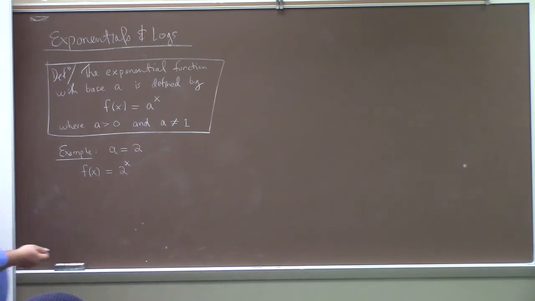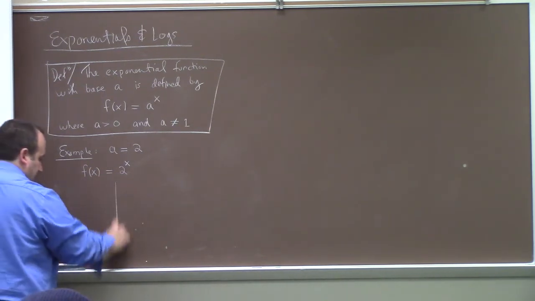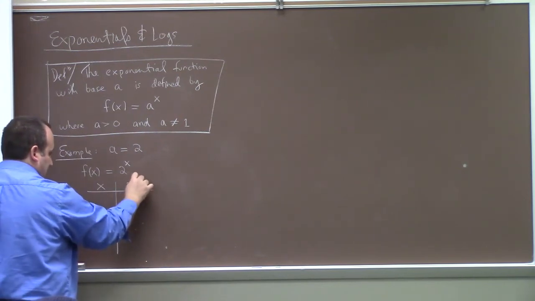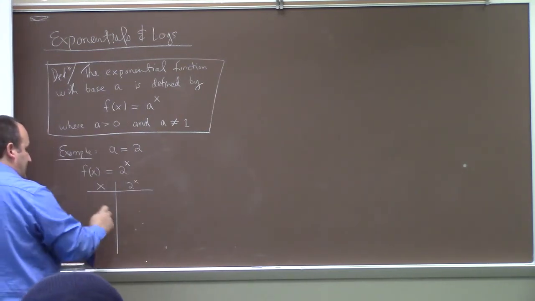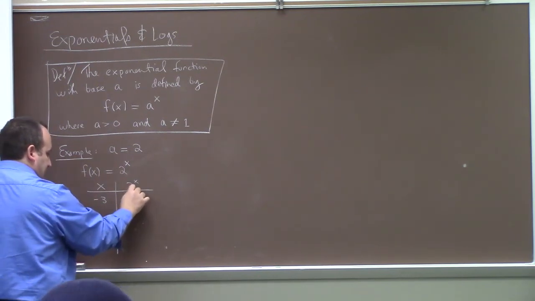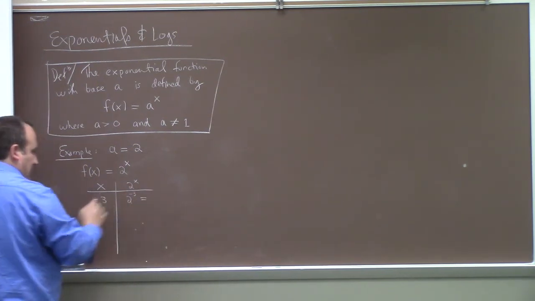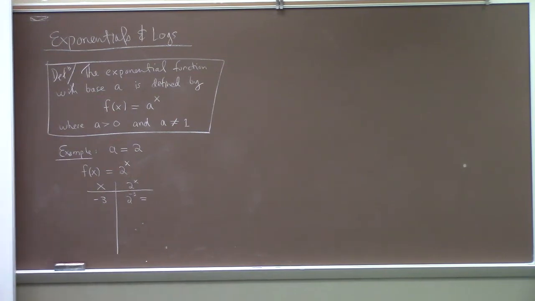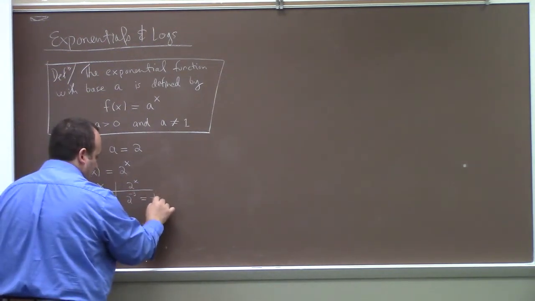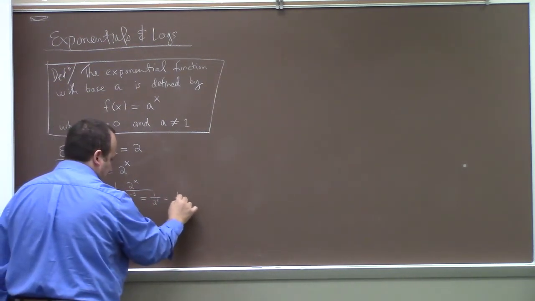Let's just think about a table of values here for a second. So here's my x, here's my 2 to the x. If I put in minus 3, I have 2 to the minus 3. What's that mean? That's 1 over 2 cubed, which is 1/8.